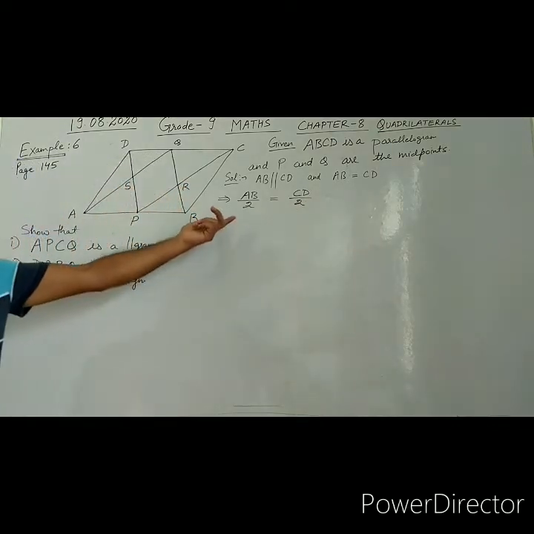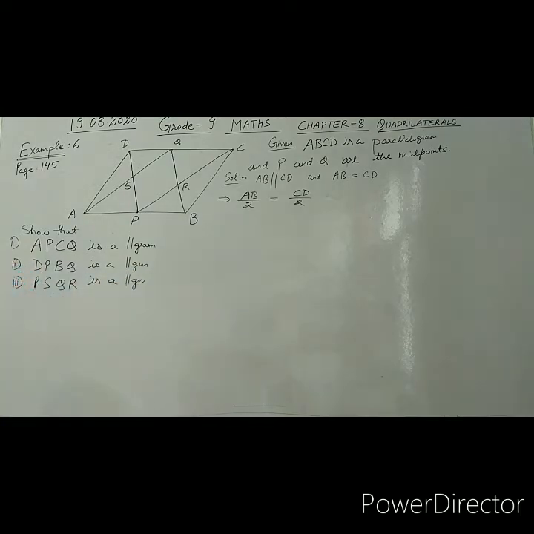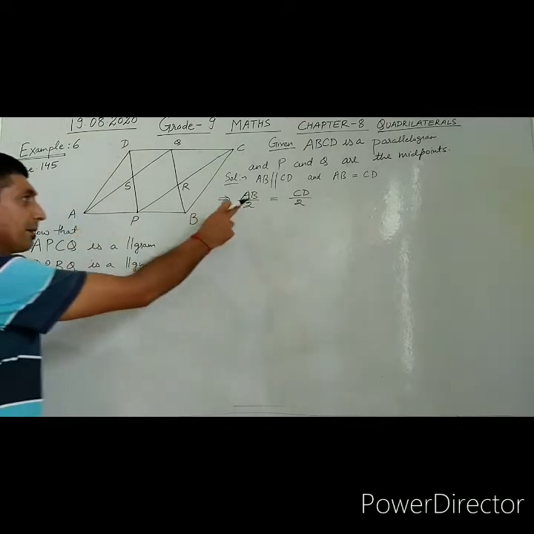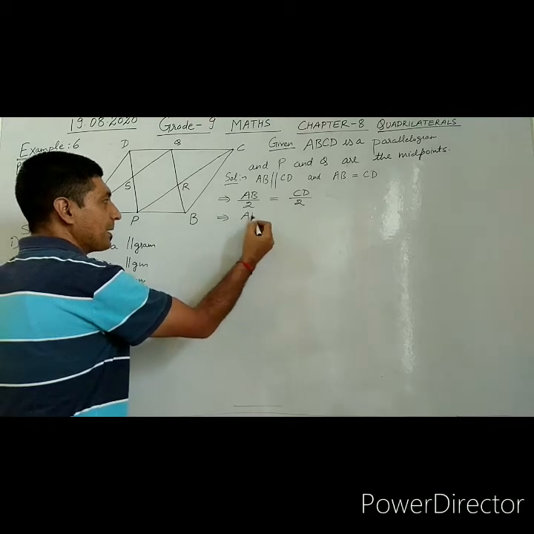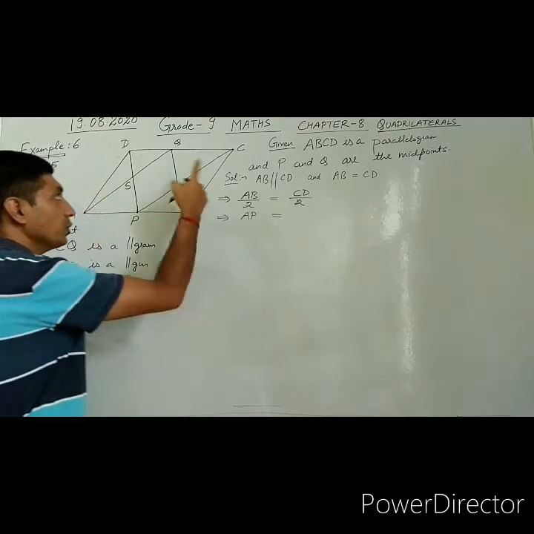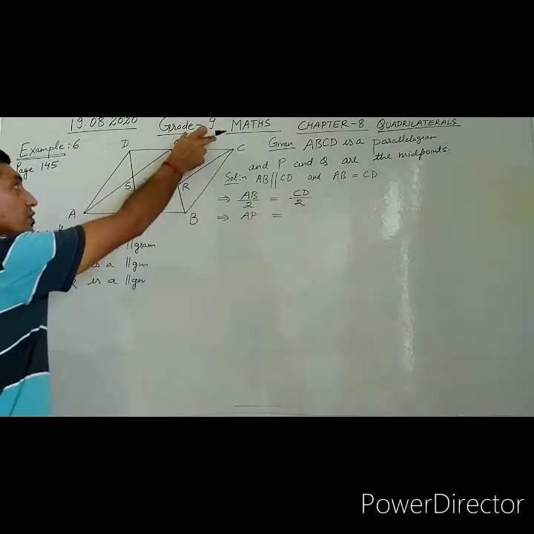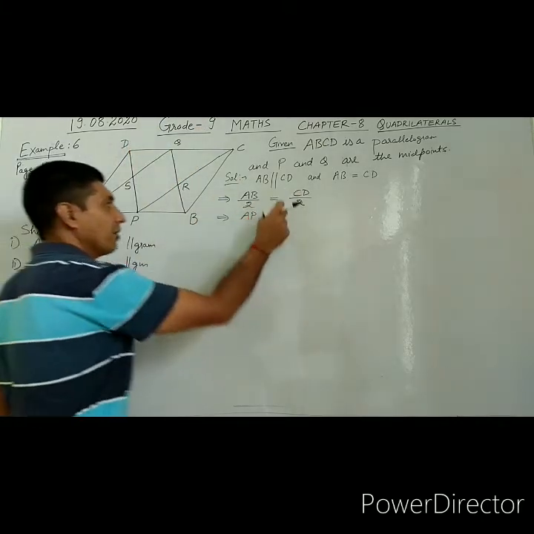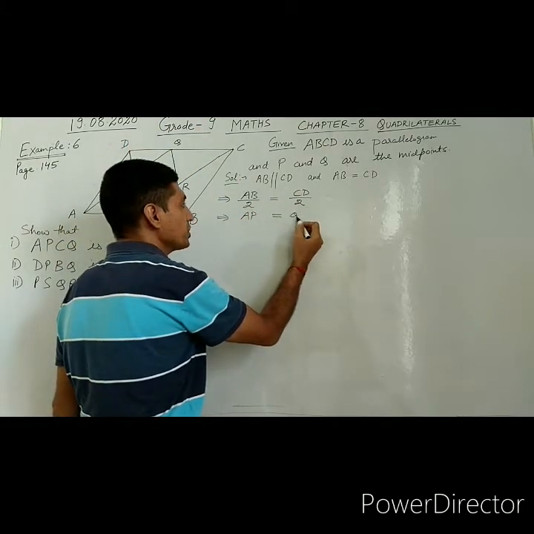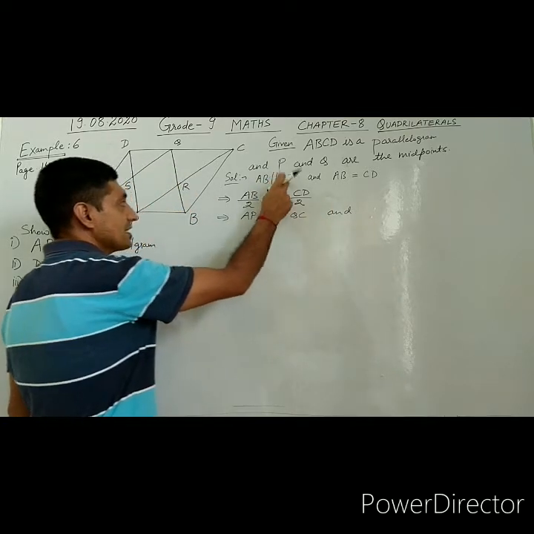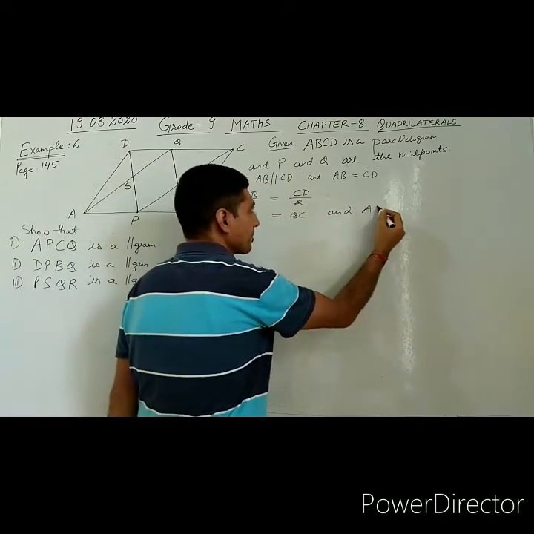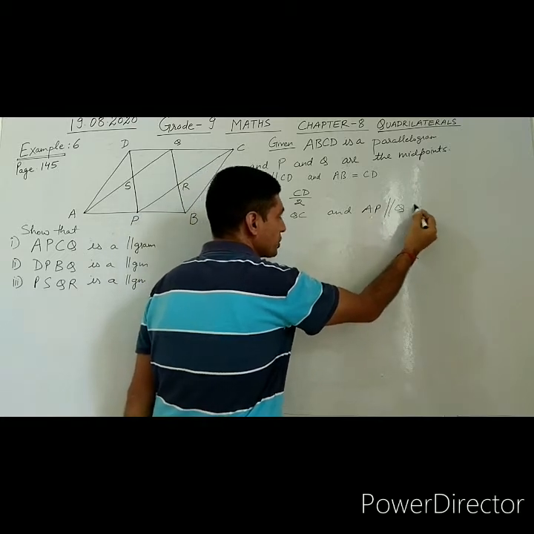When equals are divided equally, the parts are also equal. So what is AP? AP is half of AB. This implies that AP is equal to QC. QC and DQ are the half of CD. So it is equal to QC. And already these are parallel, because if AB, CD are parallel, so AP is parallel to QC.